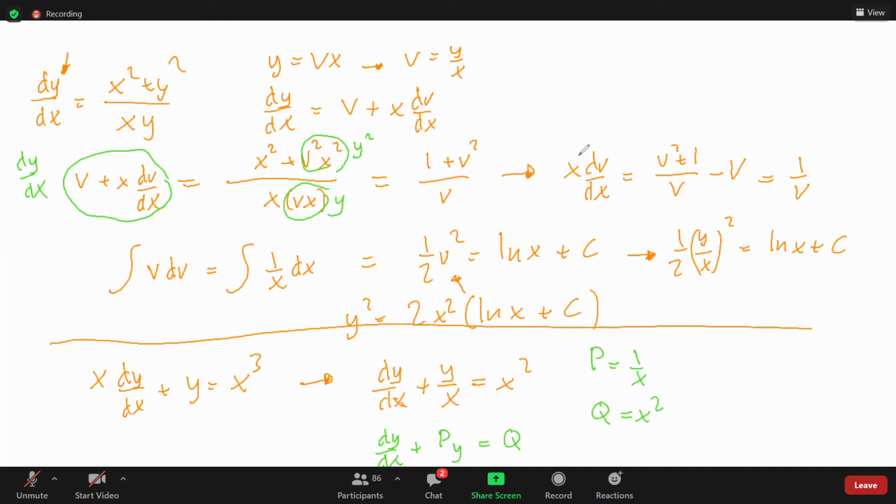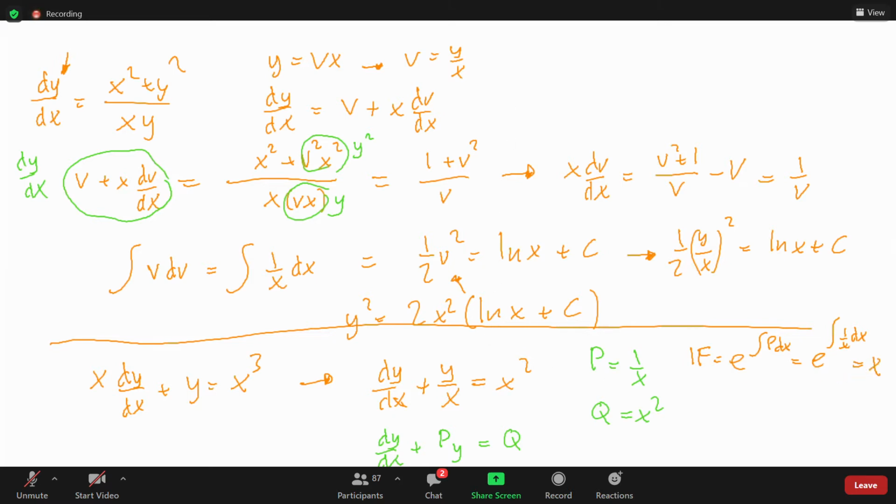We know that the integrating factor is always given by the exponential e to the integral of p in dx, which in our case becomes e to the integral of 1 over x in dx, which solves to simply x.